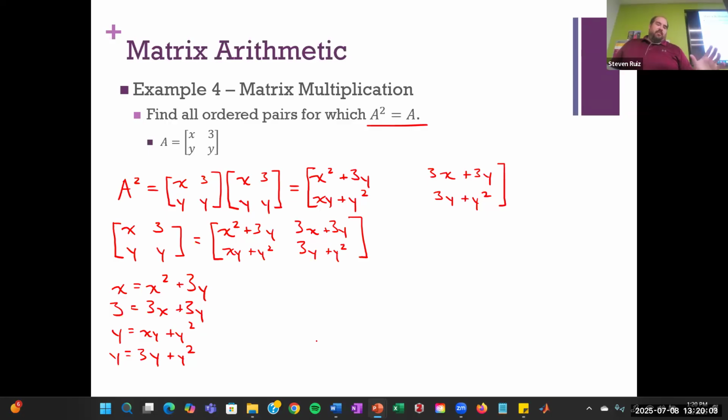Because I'm not yet sure that y is non-zero, here's what I will do. I can factor it out because that's not really dividing, I'm just separating things. This third equation I'll rewrite as y minus xy minus y squared equals 0. Then I can factor out a y. That gives me y times 1 minus x minus y equals 0.